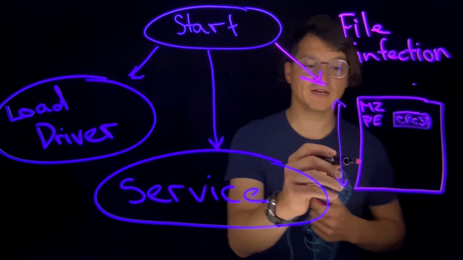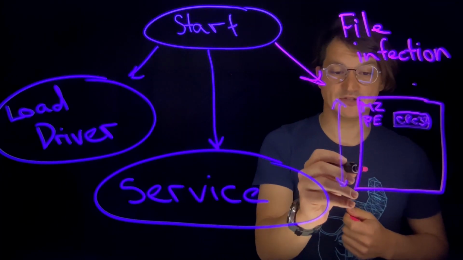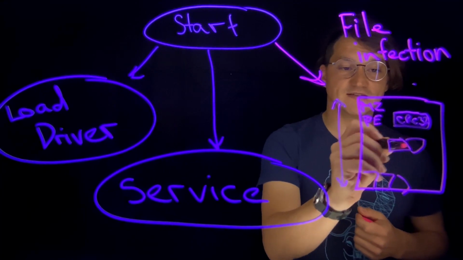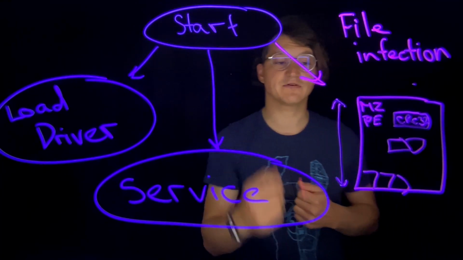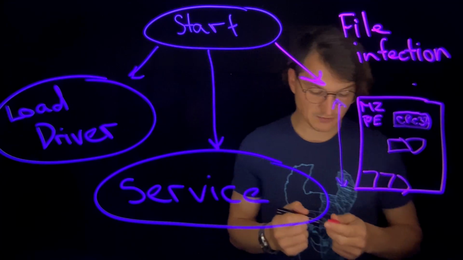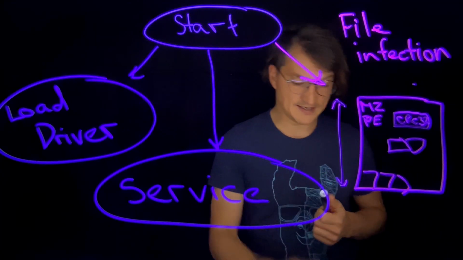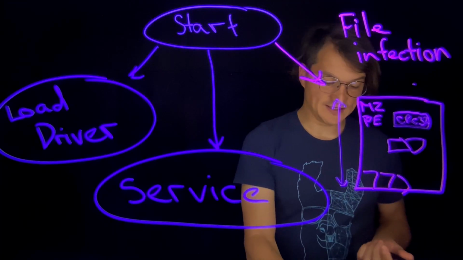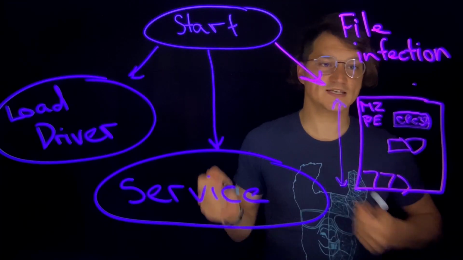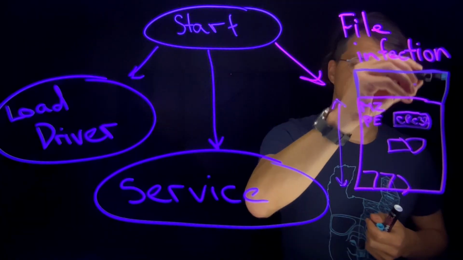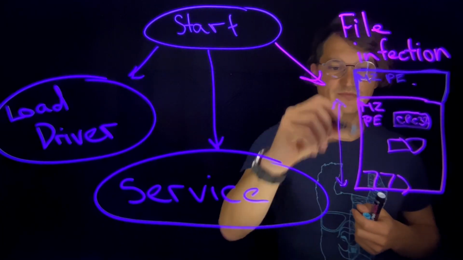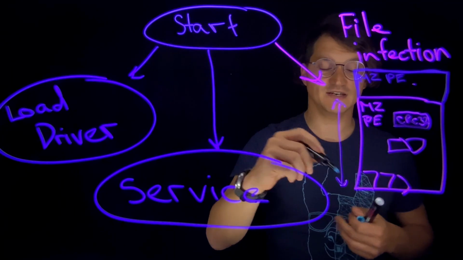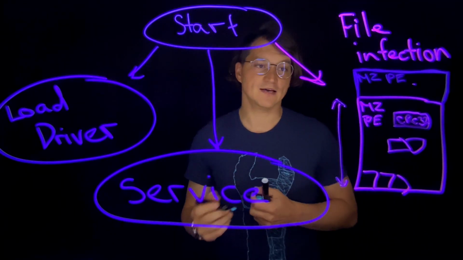So if you would just modify a driver somehow, change a few bytes here or there, right, the CRC would not match and the driver would not be loaded. So what malware would do is multiple options. It could actually work as a parasite virus and simply override the legitimate driver and add the legitimate driver as an overlay of the malicious driver.